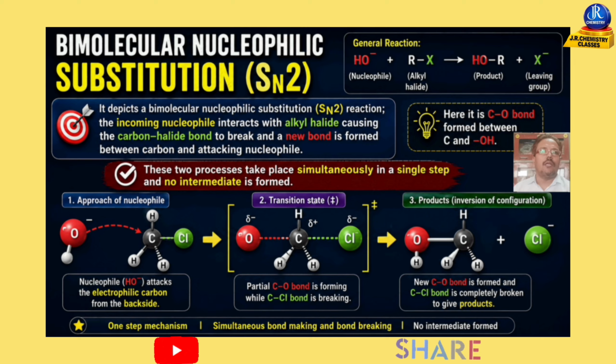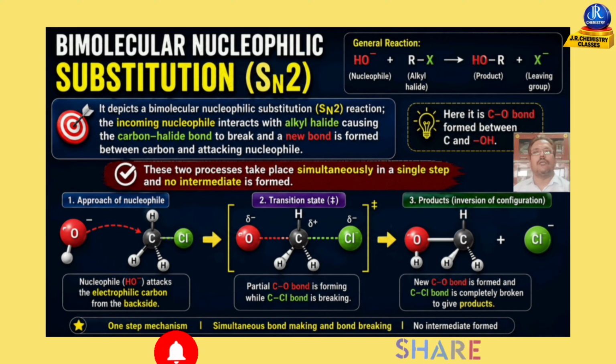The incoming nucleophile interacts with the alkyl halide, causing the carbon halide bond to break, and a new bond is formed between carbon and the attacking nucleophile.